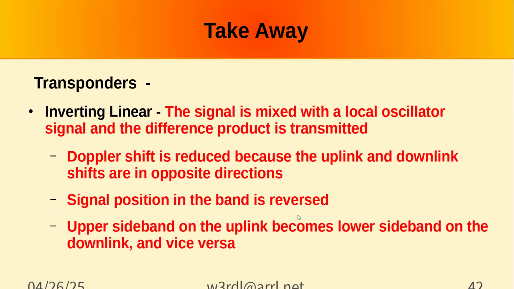And an inverting linear, which is the difference product, so it inverts everything. And one of the main things it will kind of compensate for is Doppler shift, except for a geostationary satellite. Yeah, Faraday rotations. Yeah.